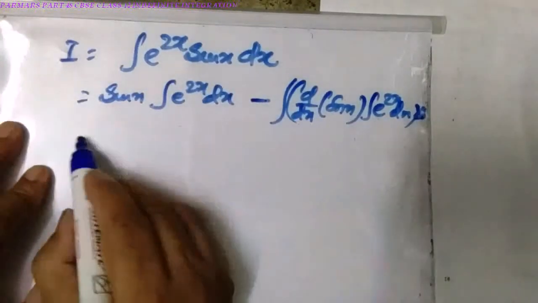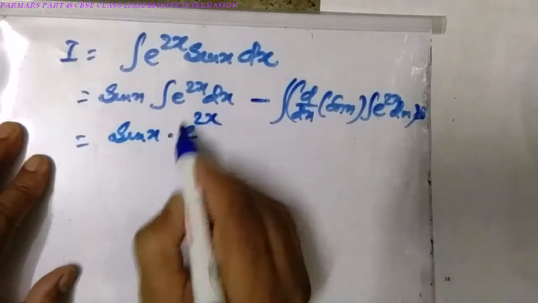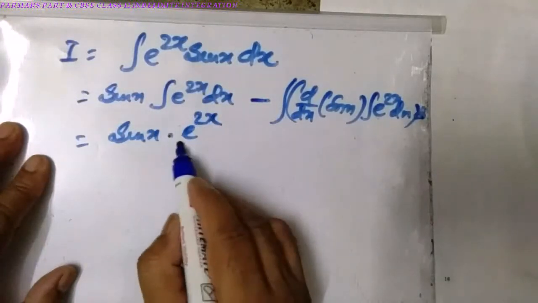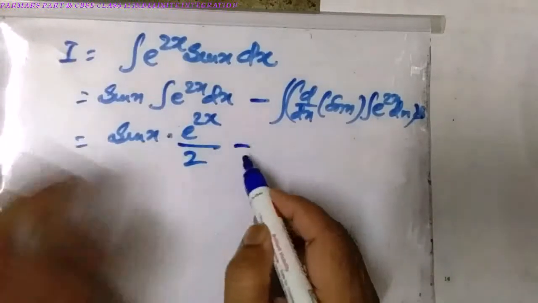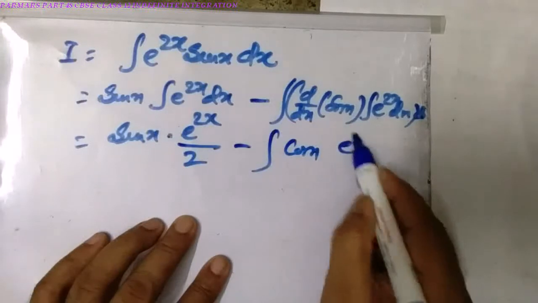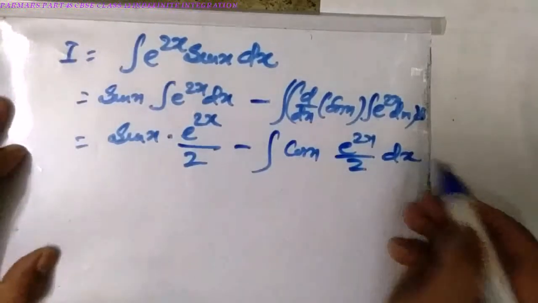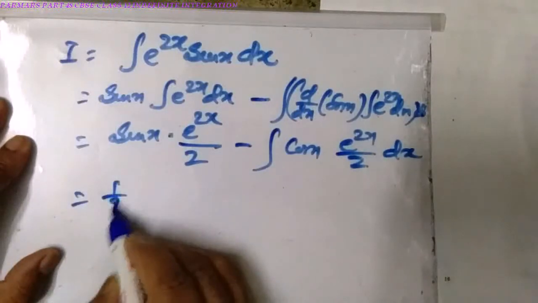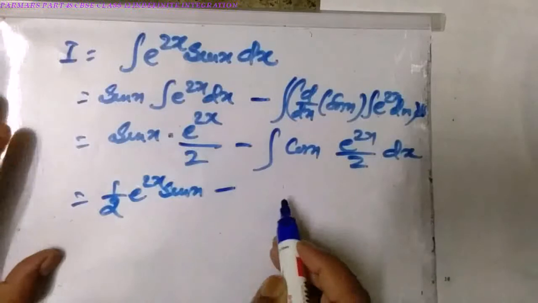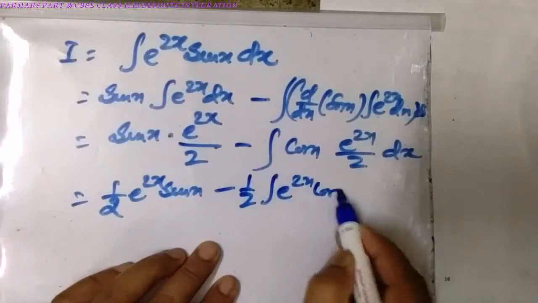So here it is sin x e^(2x), linear in x, so whatever the coefficient of x should be divided. Minus the derivative of sin x is cos x, as we have just done. So what do we find? 1/2 e^(2x) sin x minus 1/2 e^(2x) cos x.